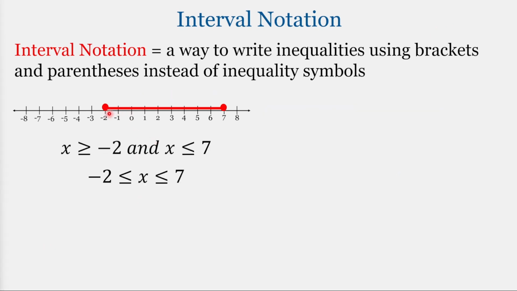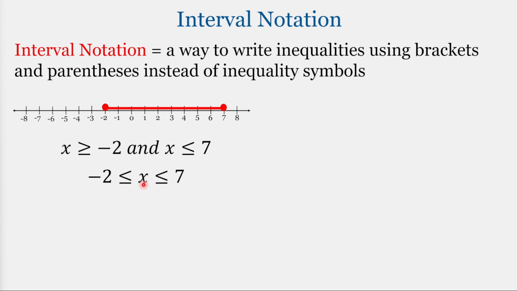Let's try another one. And in this case, we have a closed circle, so these endpoints, these boundaries, will be included. So we have x greater than or equal to negative 2 and x less than or equal to 7. We can write this in this condensed notation.